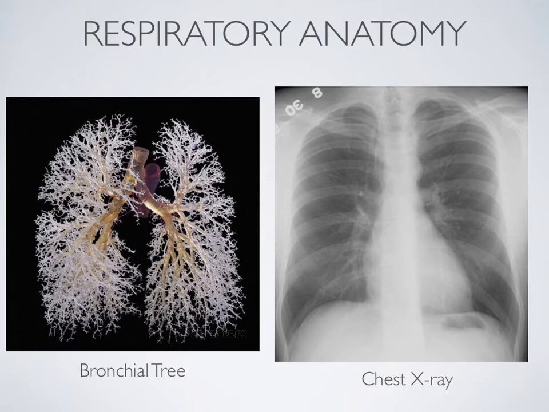So when we're looking at the chest and we want to see what's going on with somebody, you want to look at these, which are called the airfields. So this is a normal chest x-ray. You see that the airfields are not very dense, they're not very opaque. And it's normal to see lung markings here.